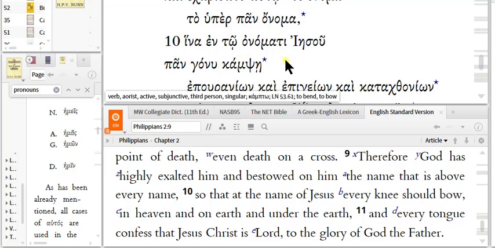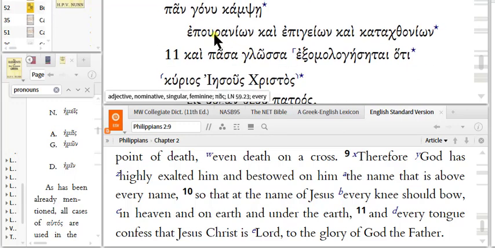And then I have some really interesting adjectives. Epouranion, kai epigeion, kai katachthonion. These are adjectives functioning substantively. Every knee will bow of heavenly ones and earthly ones and under the earthly ones.